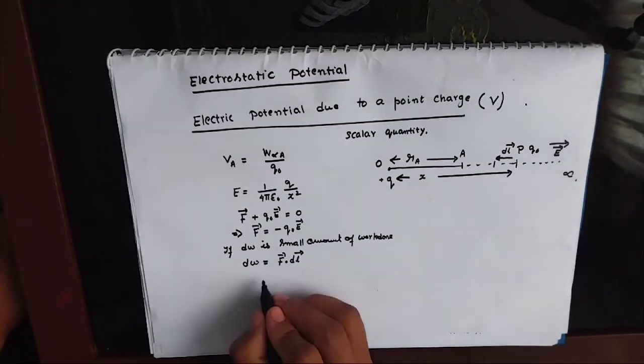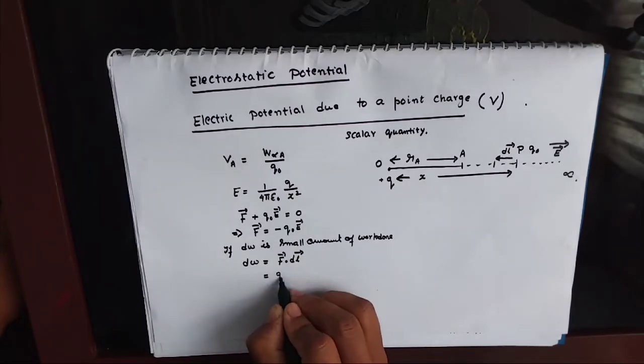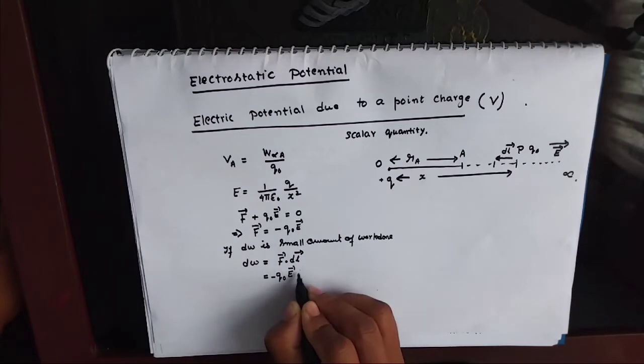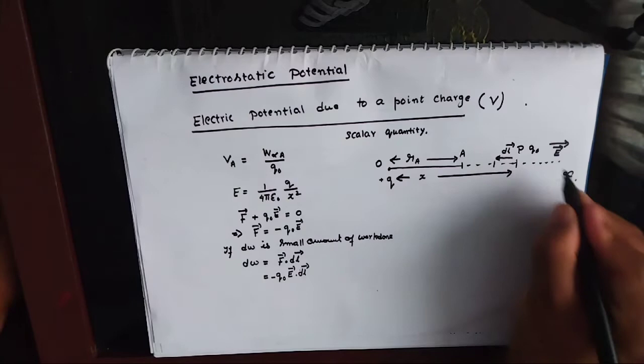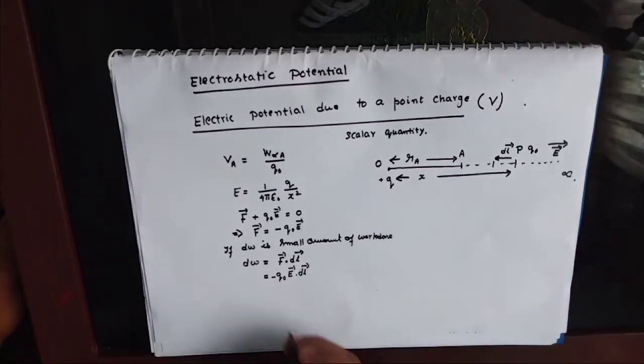Here instead of F I can put Q naught E, so this is dot dl. Clearly from here, E and dl are in opposite directions. So the angle between dl and E is 180 degrees.